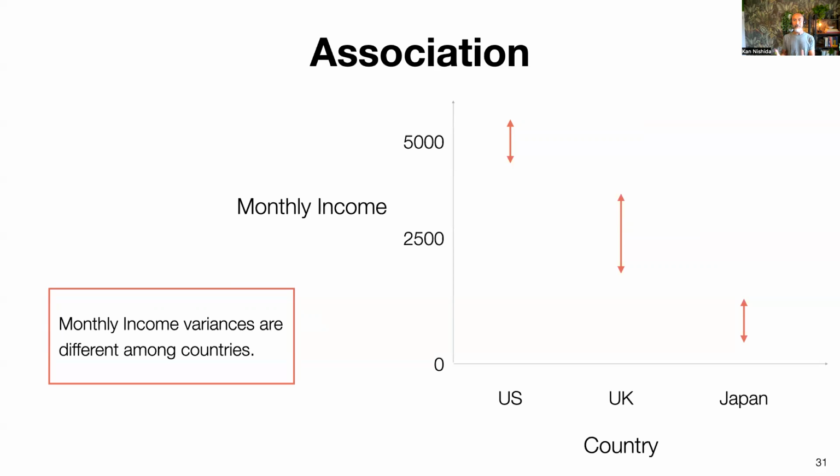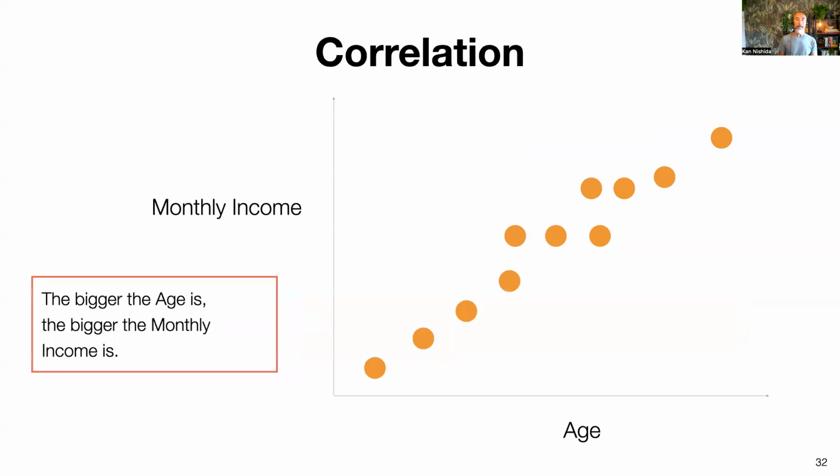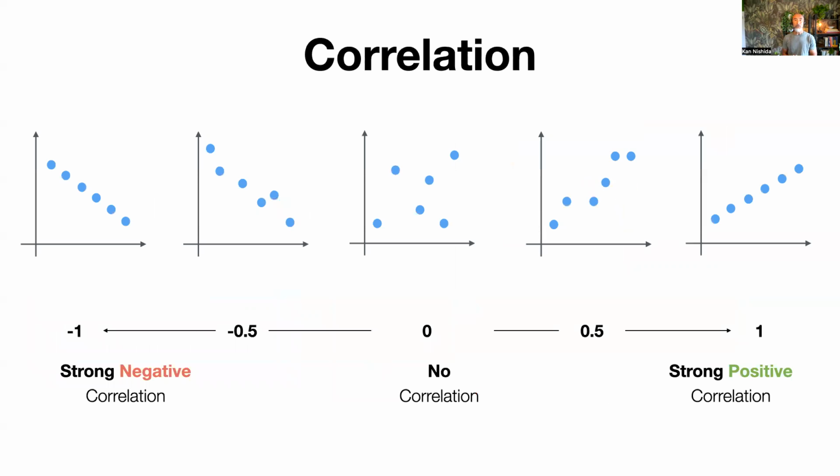So it looks like there's a relationship based on the country, where we can expect different monthly income. And then correlation is numerical. Like age and monthly income, both of them are numbers. In this case, for example, the older you get, the higher the monthly income you get. And then we have something called the correlation coefficient.